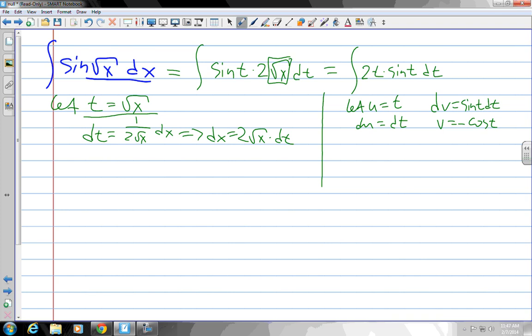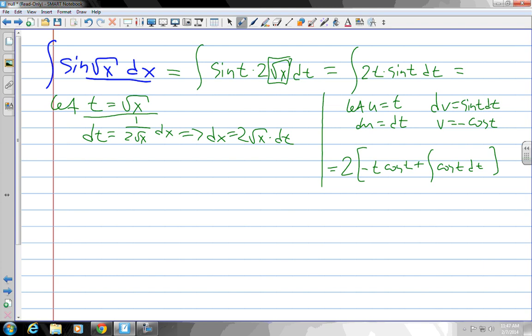So the whole thing, I can pull the 2 out. So it's uv, so it's negative t cosine t minus the integral of v du. So v is negative, so that makes it a positive. And this is just cosine t dt, right?